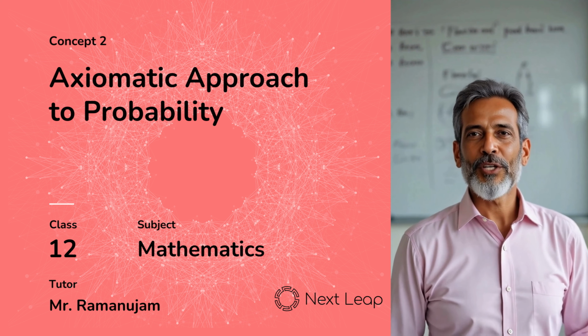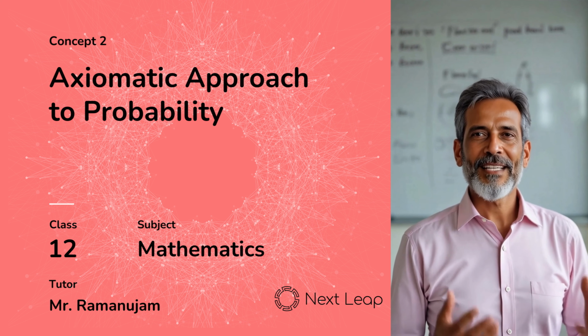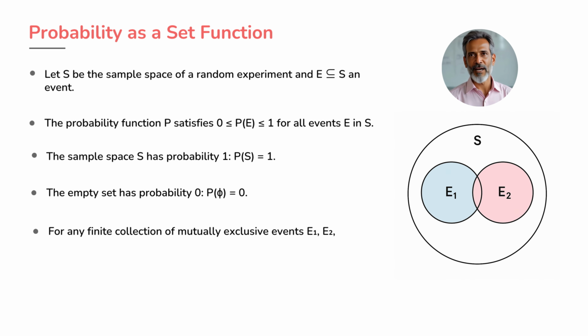So from the traditional coin and dice world, we now move to a universal mathematical framework where every event can be measured consistently and precisely. Let's define things clearly. Every random experiment has a sample space, denoted by capital S. It is the set of all possible outcomes. Each subset of S, denoted by E, is called an event.